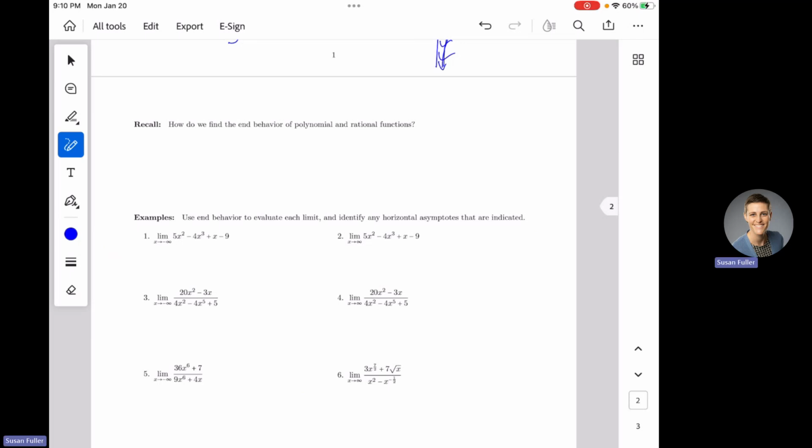Okay. End behavior of polynomials, you're going to look at leading terms. Actually, hold on, sorry. Let me erase all of this. I'm going to rephrase this. So for polynomials, you're going to look at leading terms.